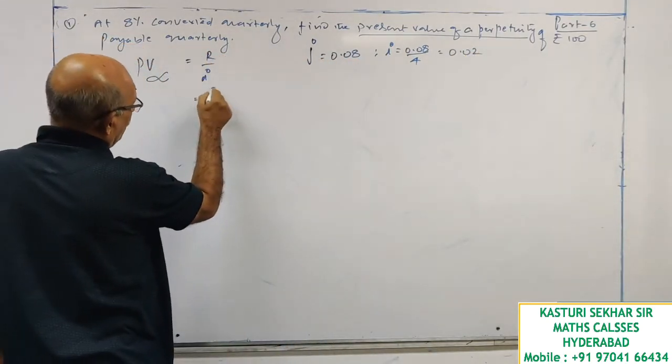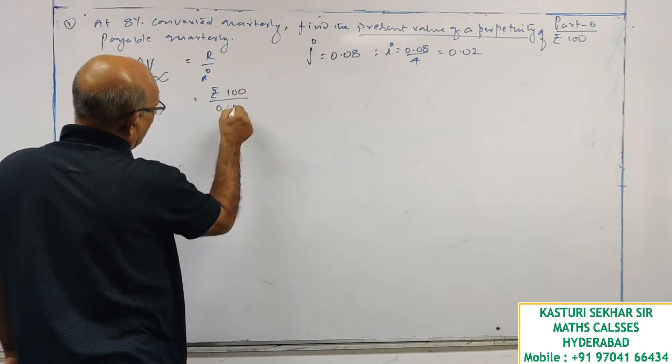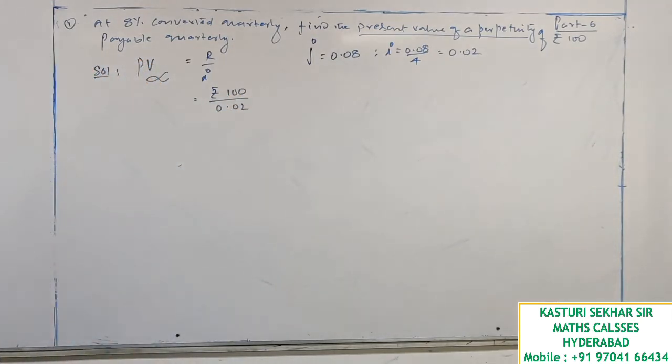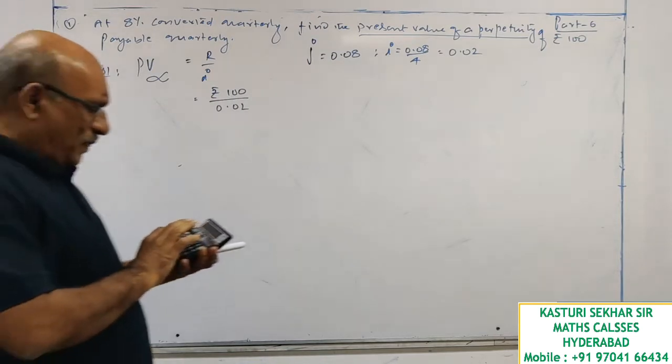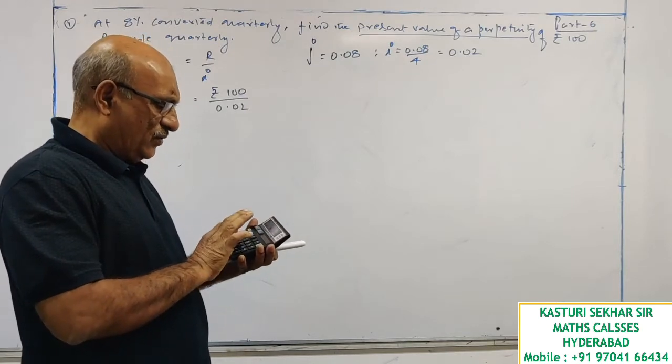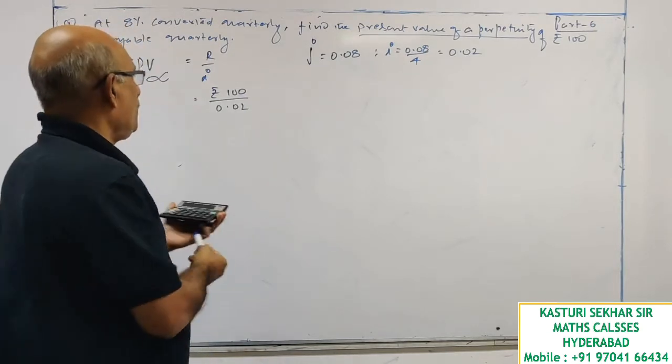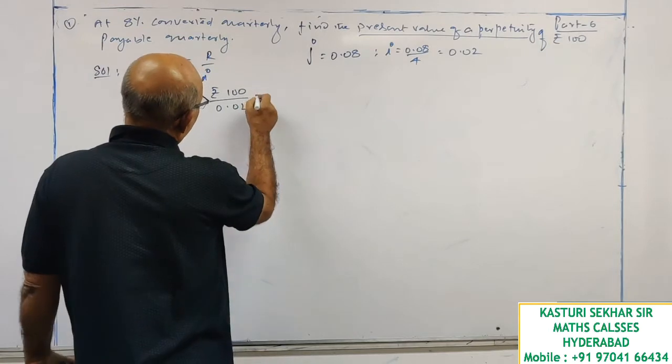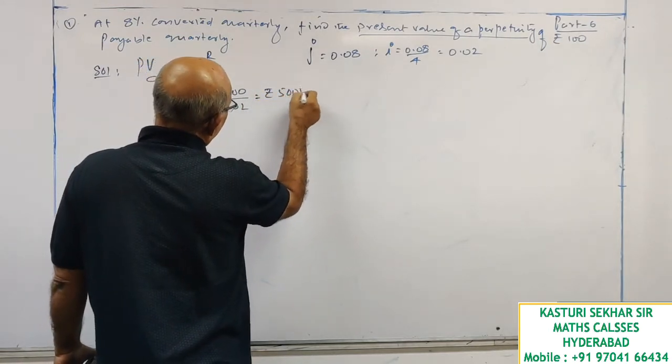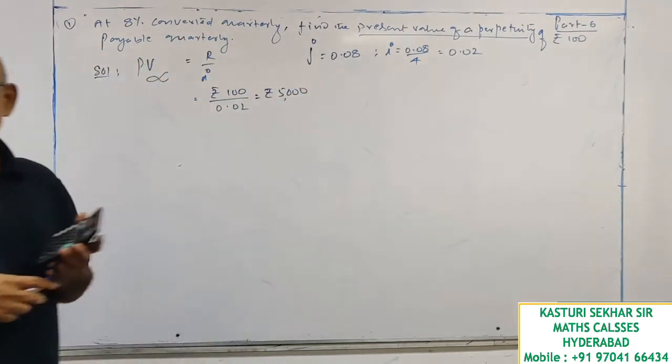So this is equal to rupees 100 divided by 0.02, which is rupees 5,000. This is the answer to this question.